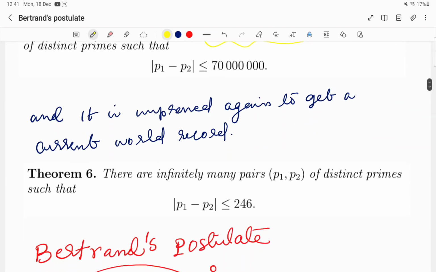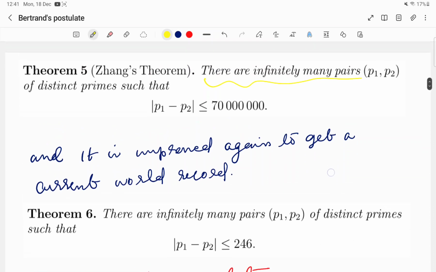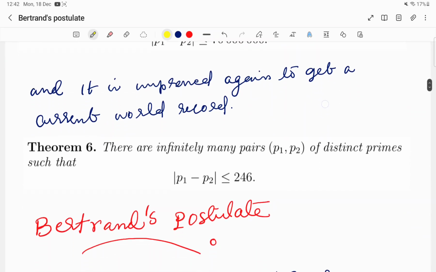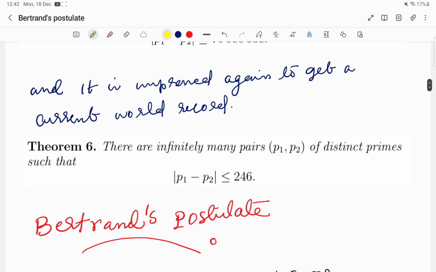Finally, after such a groundbreaking result by Yitang Zhang, they proved that there are infinitely many pairs P1, P2 of distinct primes such that the distance is less than 246. That's very amazing, right?